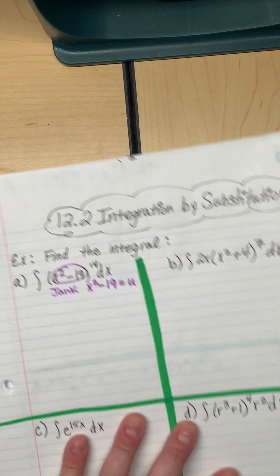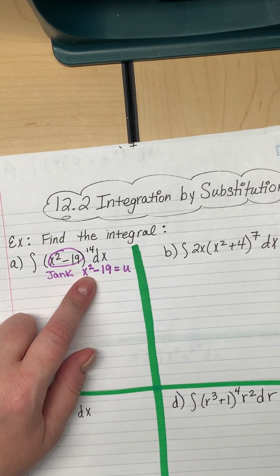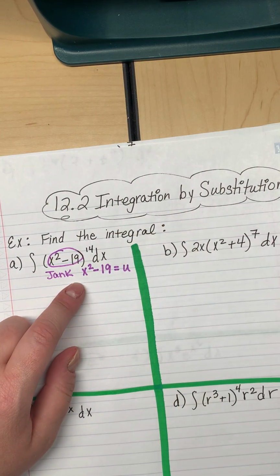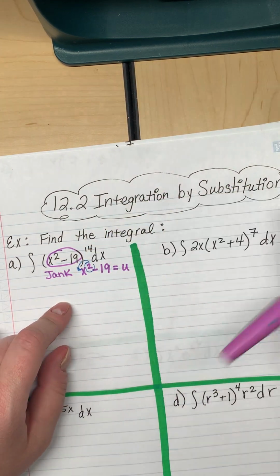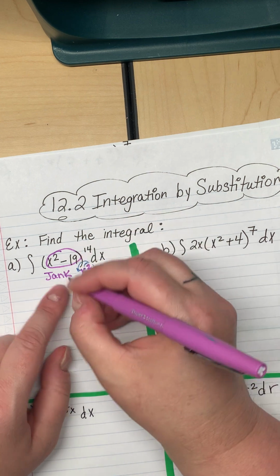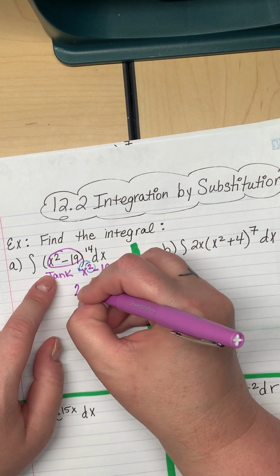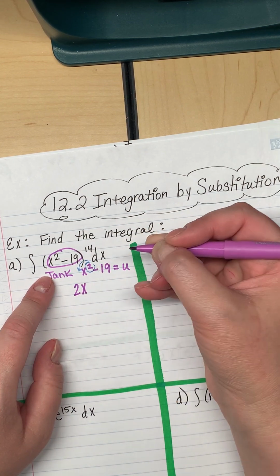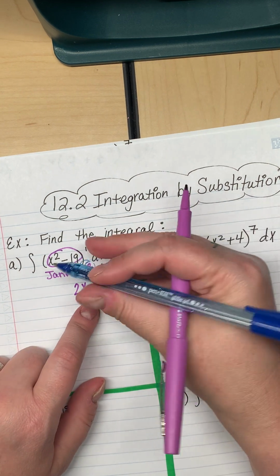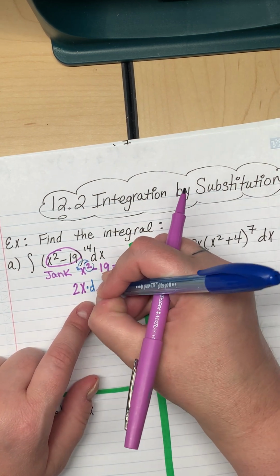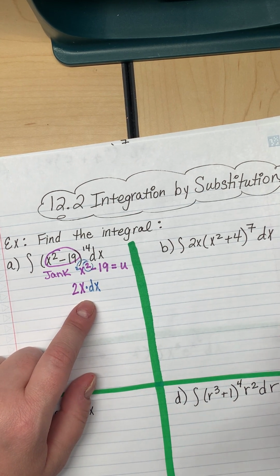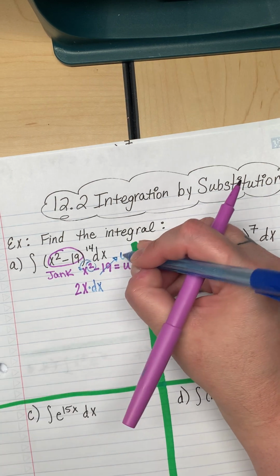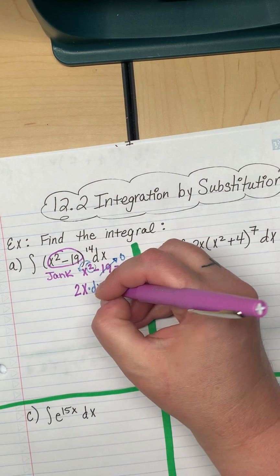Let's go. The derivative of x squared is, circle the exponent, bring it down in front, subtract 1 from the exponent, and you get 2x to the 1. But every time you take the derivative of x, you put dx. Okay, keep going. Then it says minus 19. Well, the derivative of 19 goes away to a 0. Then it says equals.